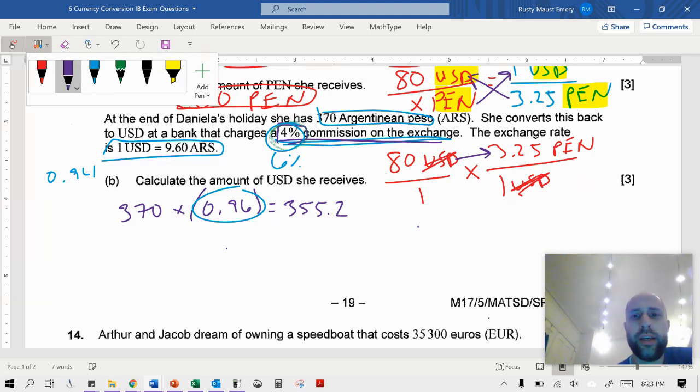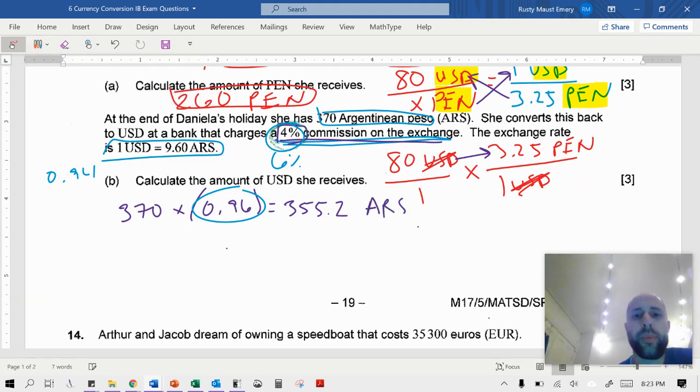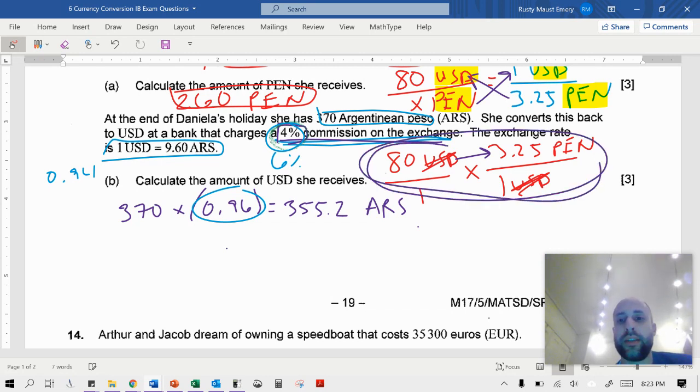It's important to recognize what we still have. We still have the Argentinian pesos, so we still need to do the conversion. Again, you can set it up with a proportion, or you can set it up with dimensional analysis like this, which I actually prefer. So I'm taking this amount, sticking it over 1, and then multiplying by the conversion factor.